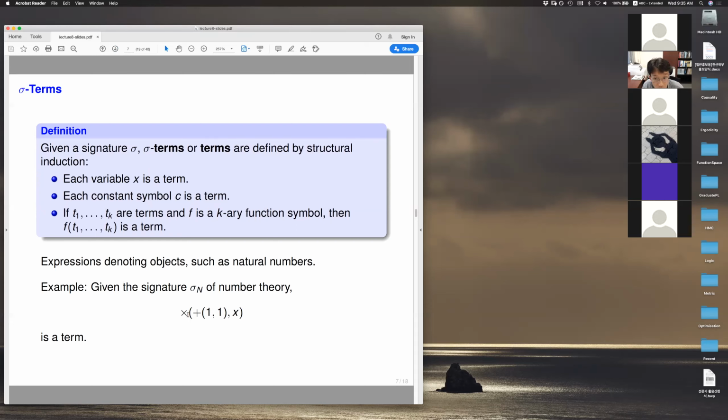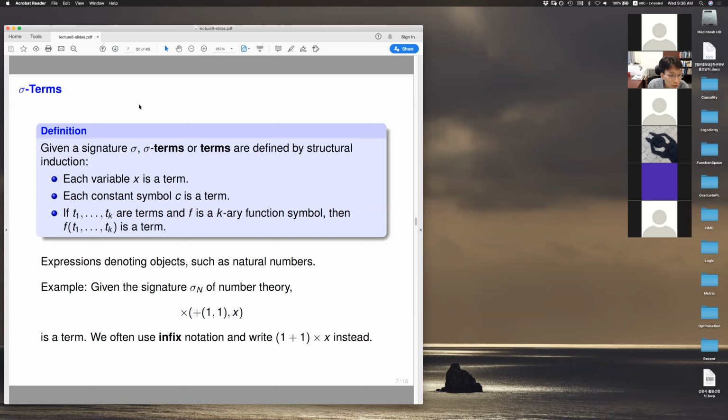And one example, if we follow these rules strictly, of a sigma term in number theory looks like this. We have a constant 1, another constant 1, and plus is applied there. So that corresponds to the third case. So this is one term, and x, a variable, is another term. If we apply the multiplication operator, we construct yet another term.